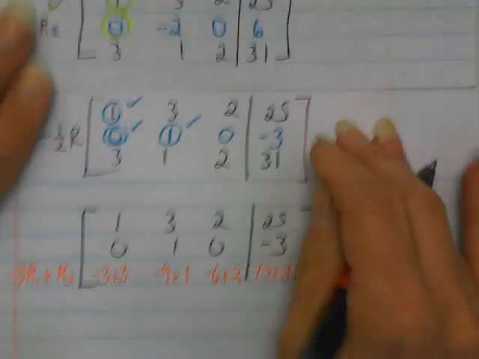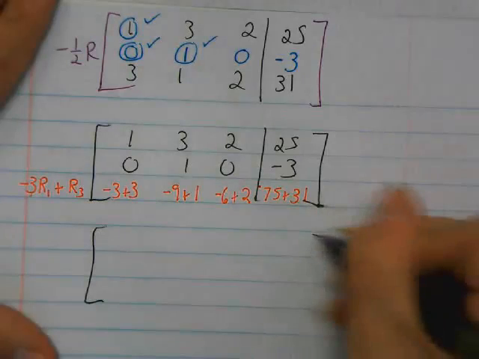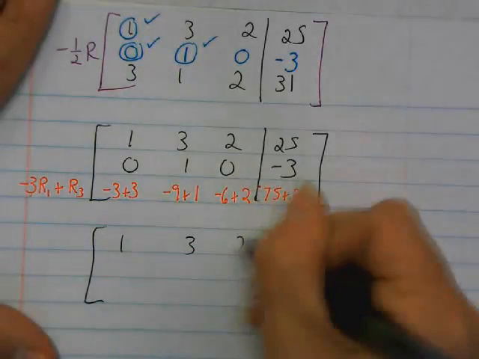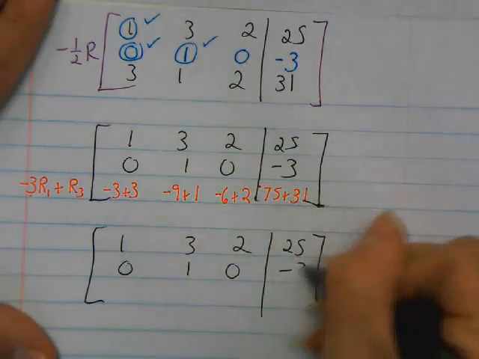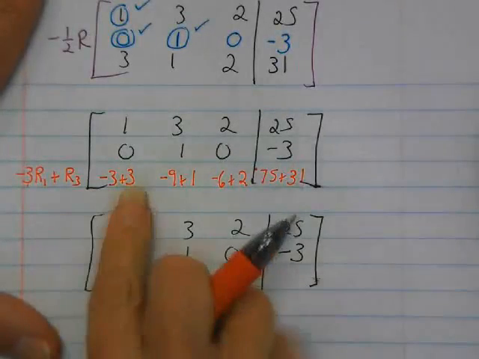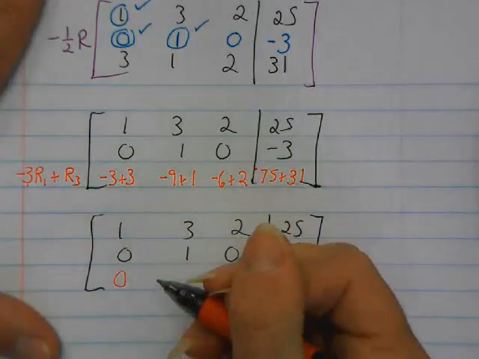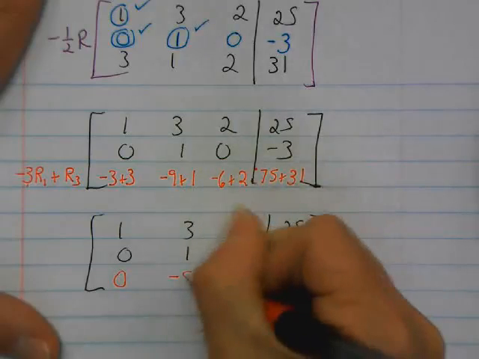Alrighty, let's see if that helped us. So again, the 1, 3, 2, 25 stays. The 0, 1, 0, negative 3 stays. This now becomes negative 3 and 3 is 0. That's a good thing. Negative 9 and 1 is negative 8.